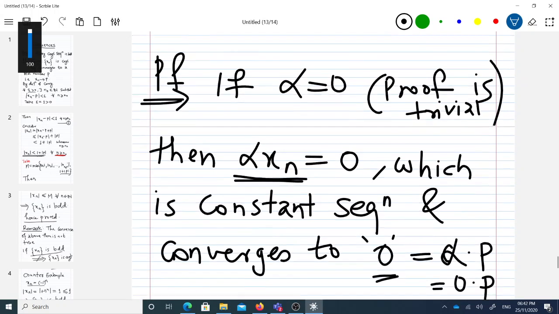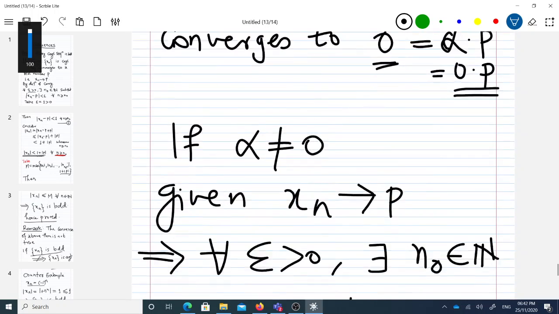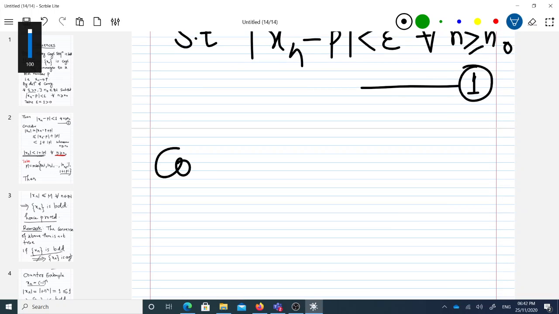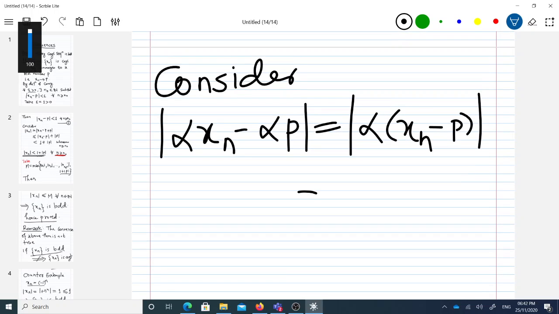What is my target? My target is to show that alpha xn converges to alpha p. A very obvious choice is to consider the modulus of alpha xn minus alpha p and see whether it turns out to be less than epsilon or not. So let me consider modulus of alpha xn minus alpha p, which is the same as mod alpha times xn minus p, which is mod alpha into mod xn minus p.